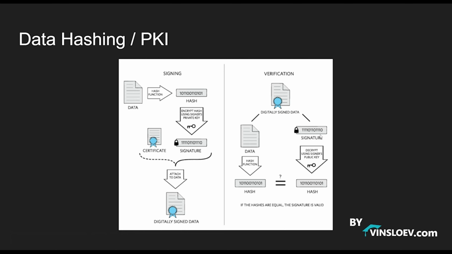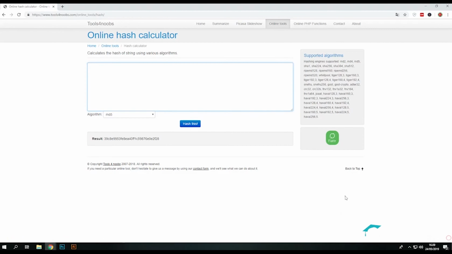Then he will use our public key to decrypt our hash value. Then he will use his own private key to decrypt the data. Then he will take the hash of the data he received and compare it with the hash that we sent him. And if these two match, then he knows that this file was actually from us and not from somebody else.